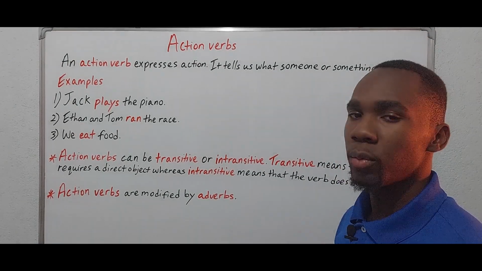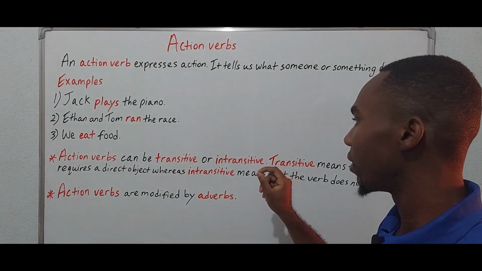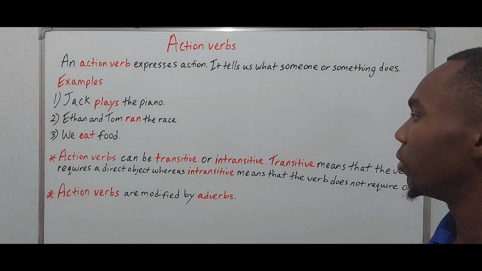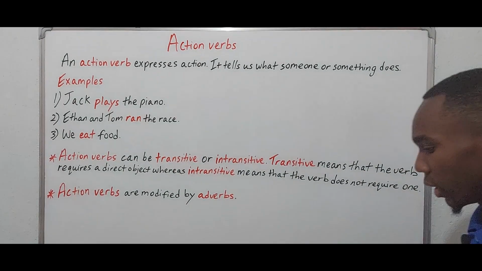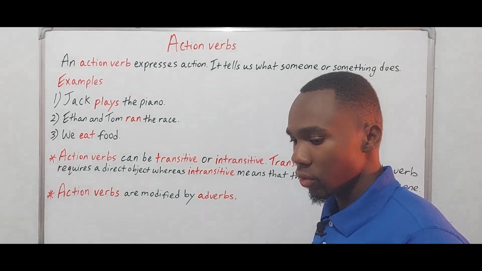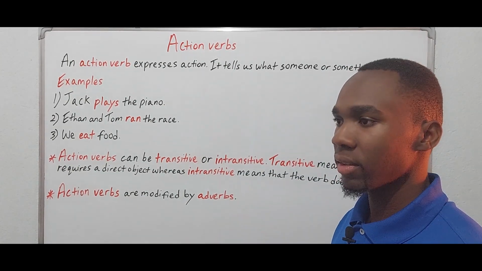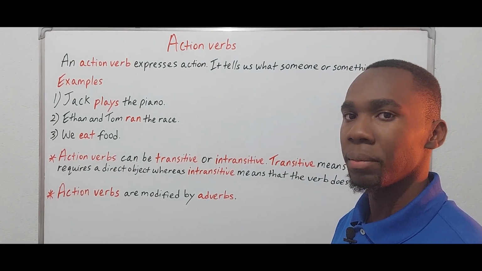Now, it is worth mentioning that action verbs can be transitive or intransitive. Transitive means that the verb requires a direct object, whereas intransitive means that the verb does not require one. Transitive means that a direct object is required for the sentence to make sense.